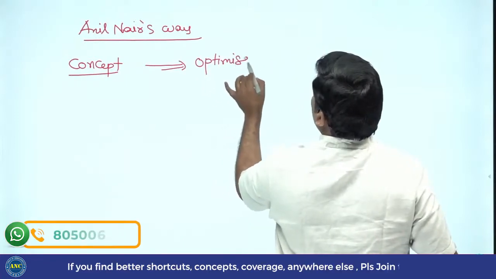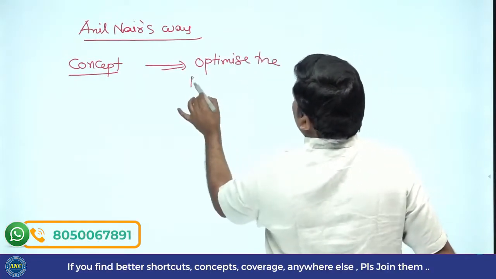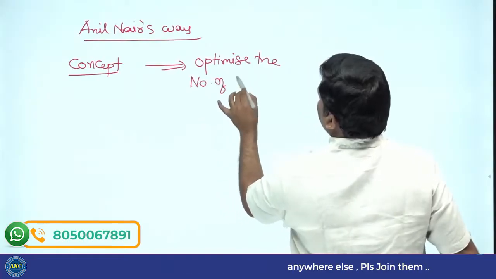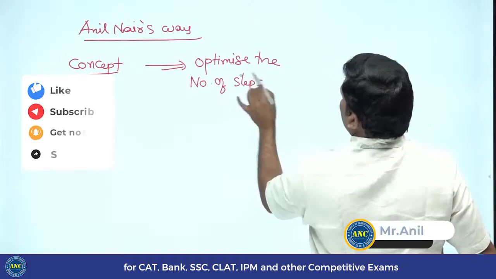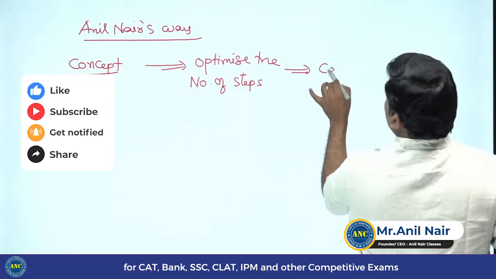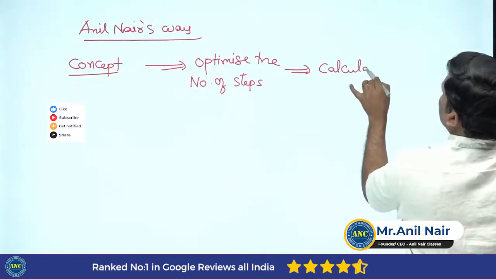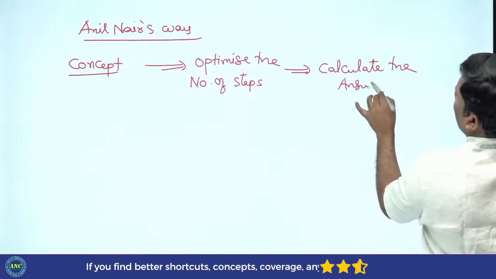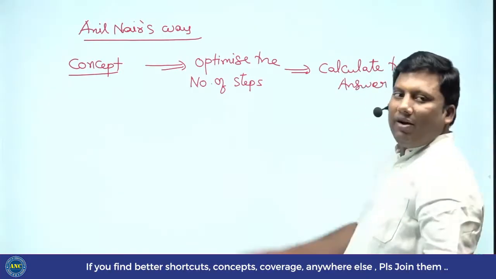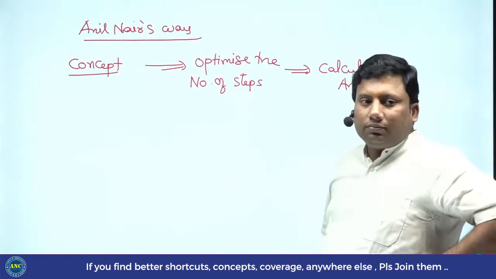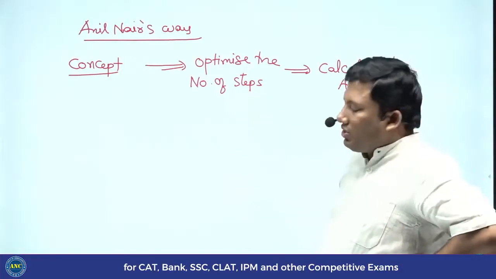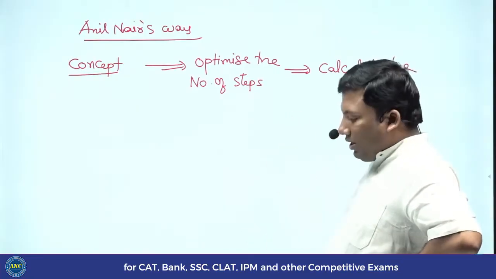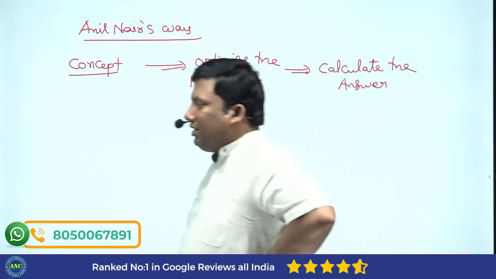Optimize means reduce the number of steps. Then we will calculate the answer, so that you will understand why it is used. First we will discuss the concept, then we will optimize the number of steps, then we will calculate the answer.